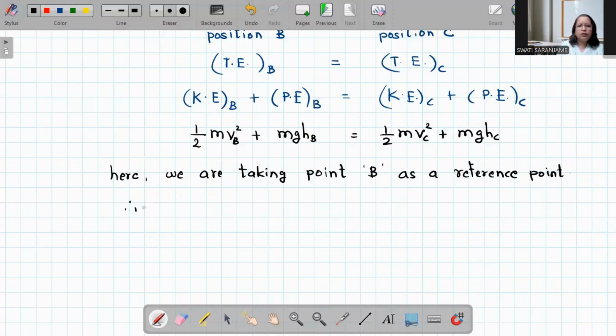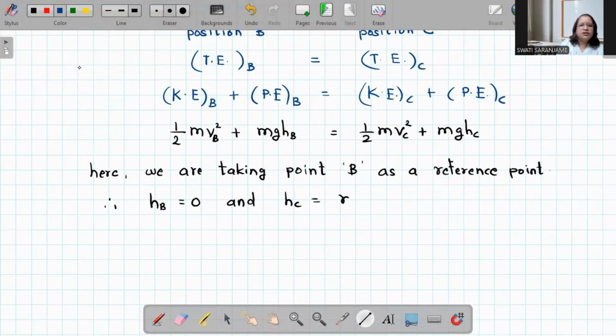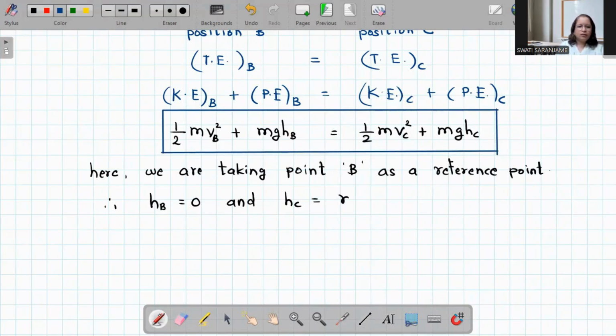And therefore, HB is equal to 0 and HC is equal to R. Substituting this, let's call this equation 6.